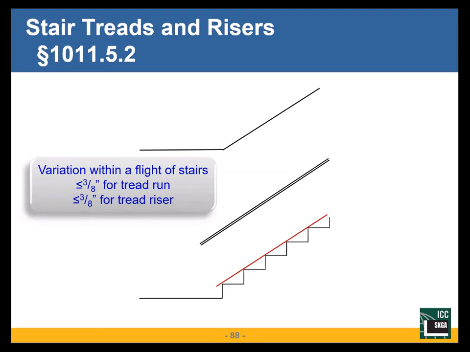This is critical because if you've ever gone down a set of stairs at any kind of speed and you, whoa, that one was different. You notice the difference as you get a little cadence going. But it's that different one that causes people to tumble, trip, fall. We're trying to control that different one and eliminate that different one.